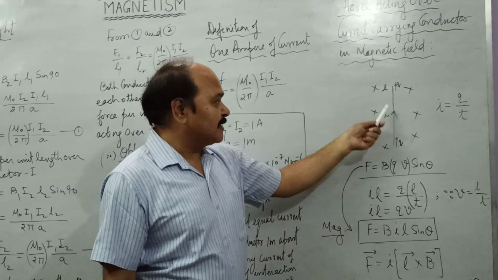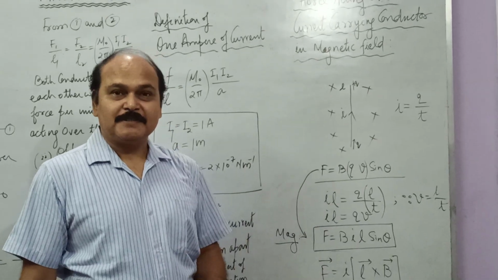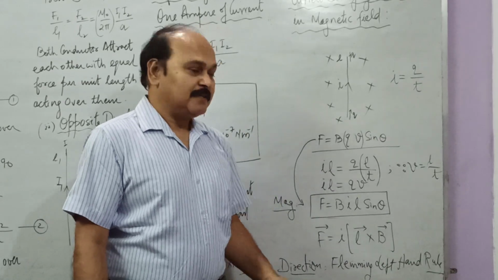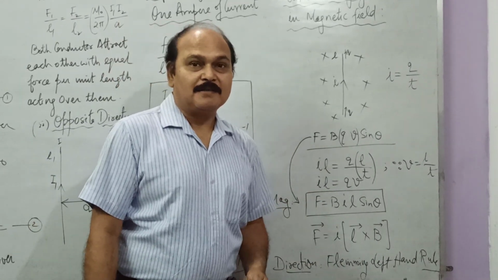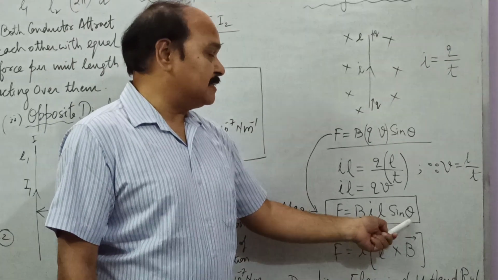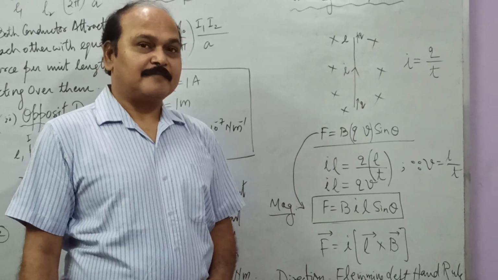When a current carrying conductor is placed in magnetic field, it experiences a force, and the value of force is BIL sin theta. B is magnetic field, I is current passing through the conductor, L is the length of the conductor, and theta is the angle between length vector and magnetic field vector.